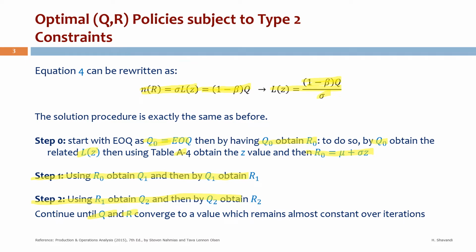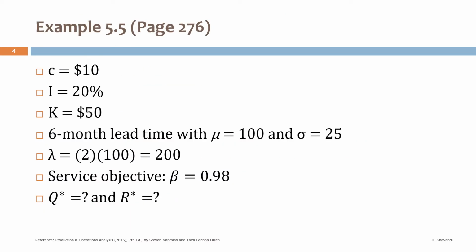By this iterative procedure, we can obtain the optimal value for Q and R under the type 2 service level condition, and without having a penalty cost. So here we have an example. I think this example is the same as the one that we had in the previous section 2. The numbers are the same, and the only difference is having type 2 service level, which we're assuming should be 0.98.